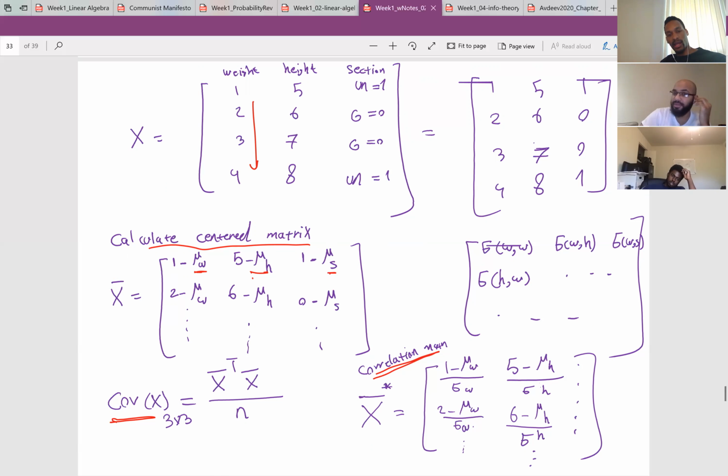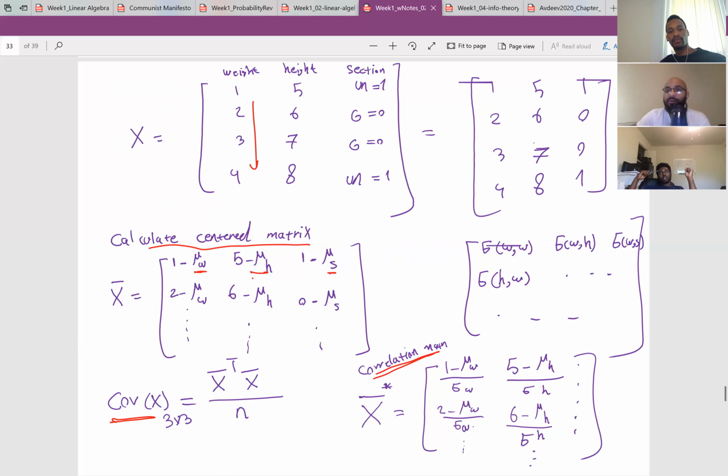You know what variance is, right, Steve? With variance, we're trying to capture the spread of the data. You can think of that as one variable with respect to itself, but with covariance, you're seeing how one variable spreads with respect to another variable.